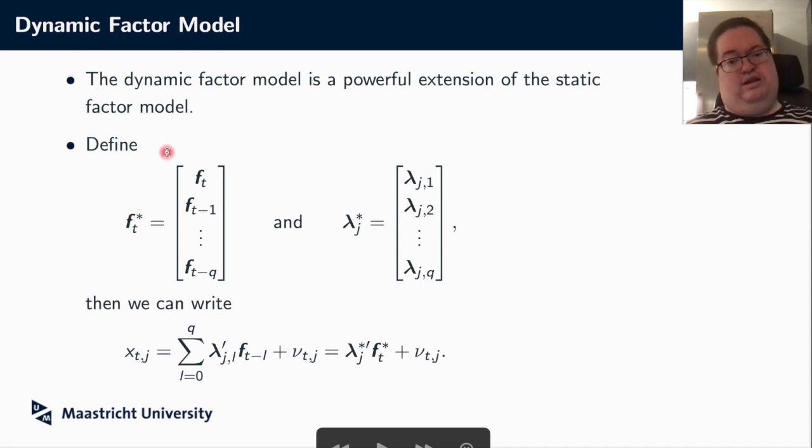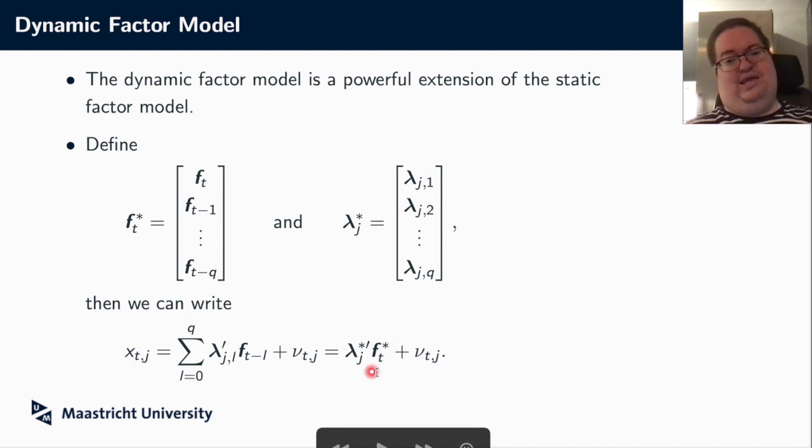Now, there's one thing which is very interesting about these dynamic factor models, and that is we can rewrite a dynamic model as a static one. So suppose you have factors and you know that actually up to the qth lag they matter. What we can do then is define a new extended vector of factors, f t star, where we put not only f t in, but all of the lags. So you could write this dynamic structure as a static structure again.